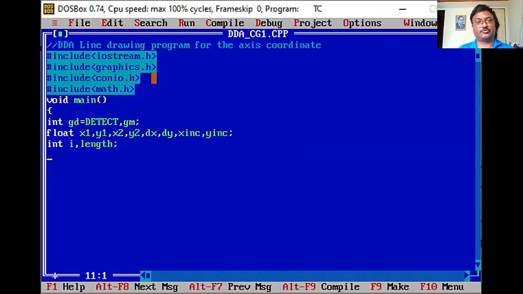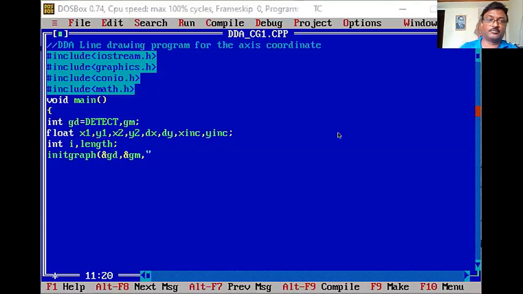Now once you use these as variables, go for initgraph. So initgraph, what parameters can you pass? Here &gd and &gm. In the path you have to go for what?